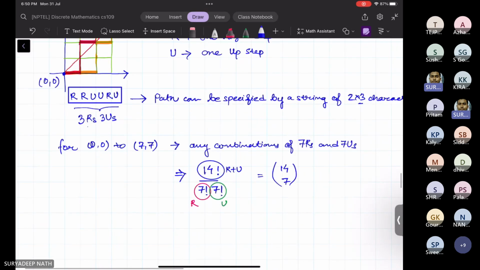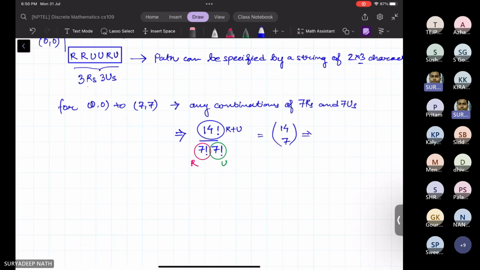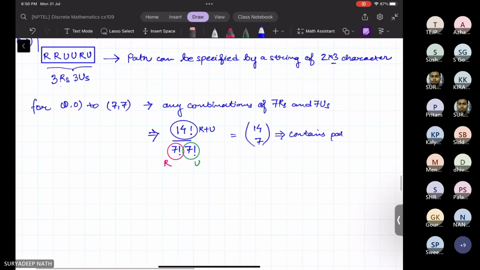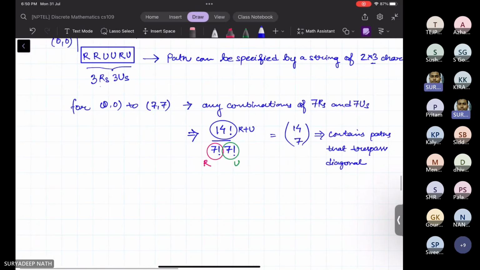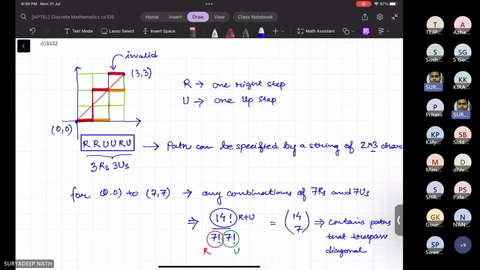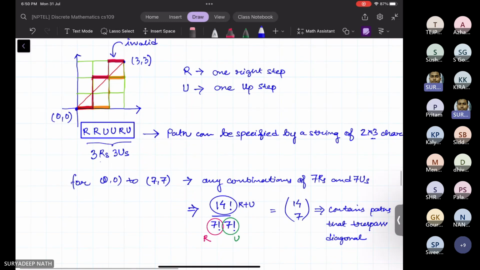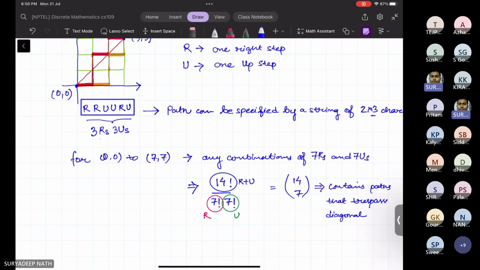So this contains paths that trespass the diagonal, and we want to eliminate those paths. We can't just divide by half, because there would still be paths that cross the diagonal, so we'll have to do it in a separate way.